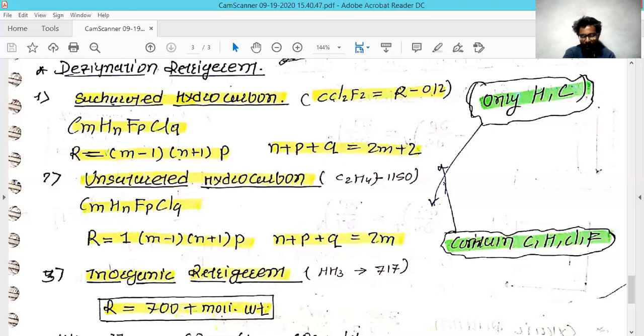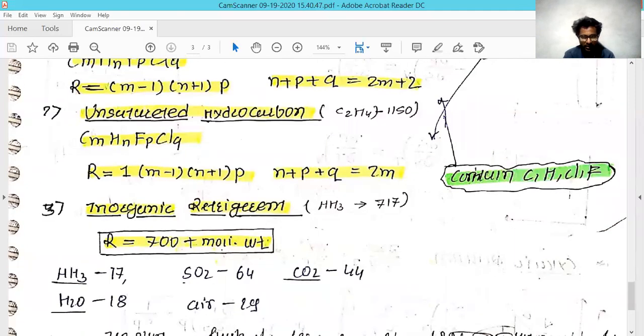Now in some refrigeration, the refrigerant is an inorganic refrigerant, such as ammonia, which we have just seen before. If you take the example of ammonia, it is denoted by R717. How is this noted? The formula is R equals 700 plus the molecular weight of that substance.